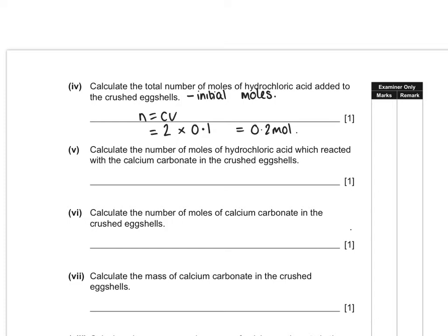We calculated in part 3 that the unreacted moles was 0.018. So we need to take those away to get the next part of the question, which looks at the reacted hydrochloric acid.